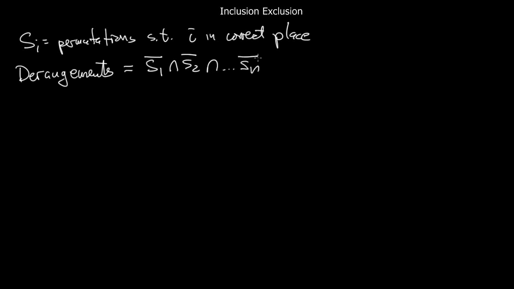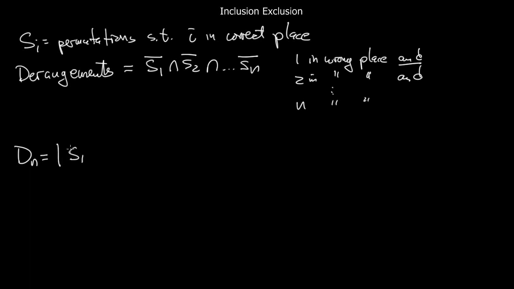It's the permutations such that 1 is not in the correct place, and 2 is not in the correct place, and 3 is not in the correct place, and so on. So the derangement number is the order of these intersections. In other words, dn is the order of S1 bar intersect S2 bar intersect dot dot dot Sn bar.